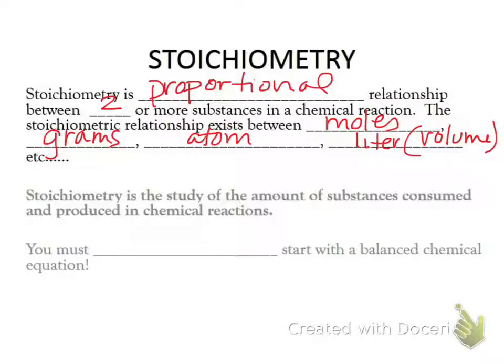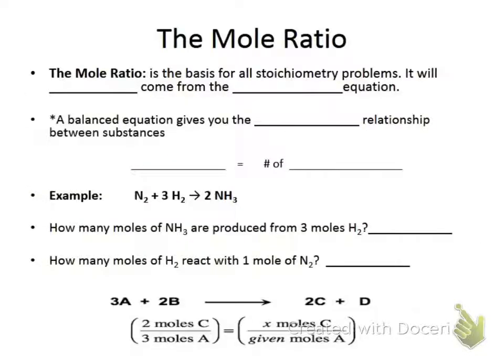You must write it big and bold, always start with a balanced chemical equation, because the balanced chemical equation is going to give you that mole relationship between anything in the balanced equation, okay? And that's going to be involved in every step of a stoichiometry problem. It's going to have a mole ratio.